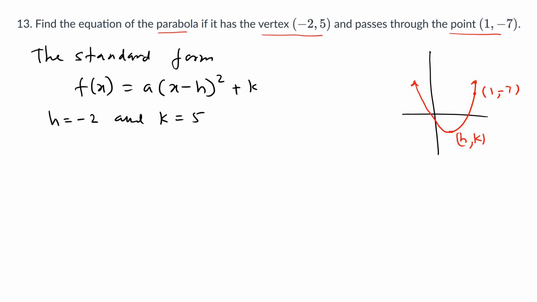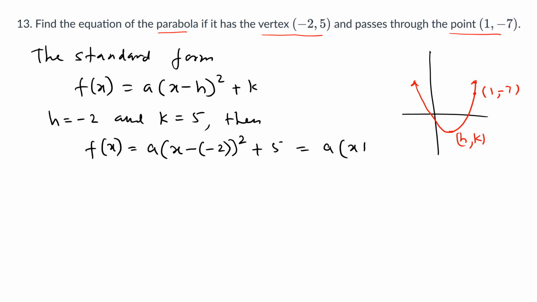So we're going to plug in those two values here. So the function f of x is a, which we don't know, times x minus negative 2, that's the h value, squared plus k, which is 5. So this simplifies to a times x plus 2 squared plus 5.